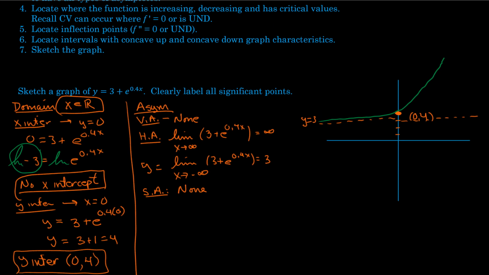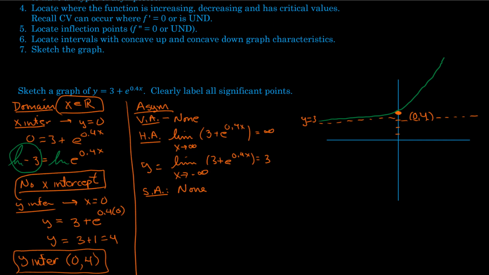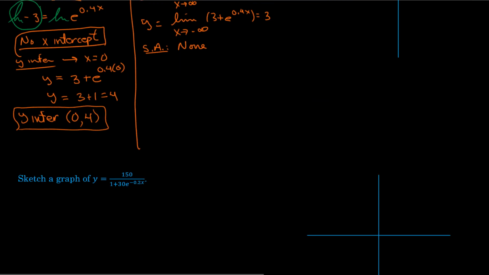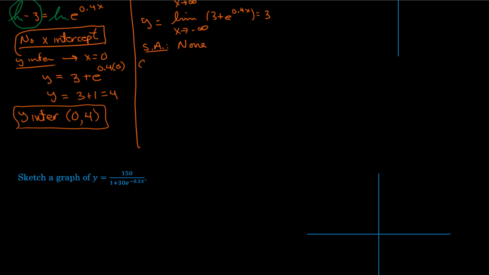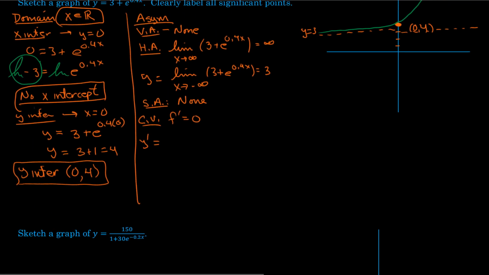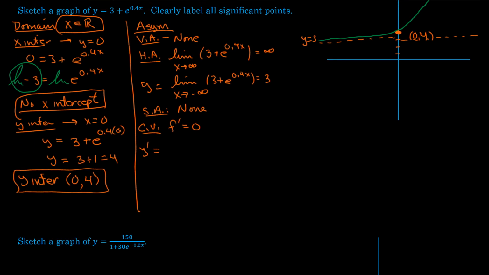Okay, locate where the function is increasing, decreasing, has critical values. To do this, I'm going to be looking for critical values. Critical values mean I want to determine where the derivative is 0. Well, y prime, the derivative of this function here, moving back up a little bit, is going to be the derivative of 3, which is 0, plus.